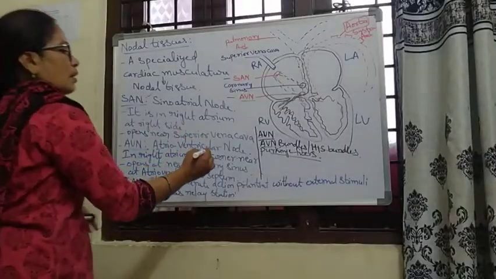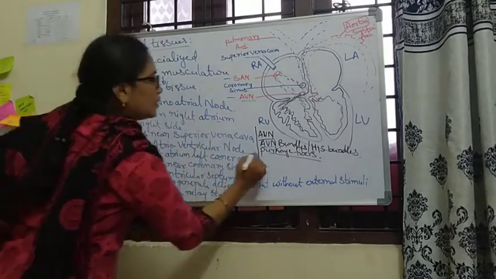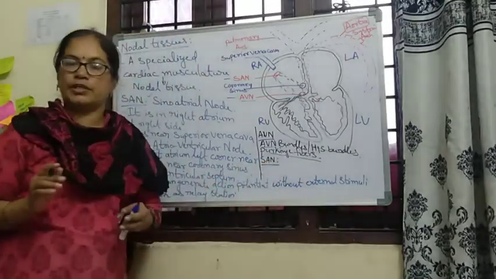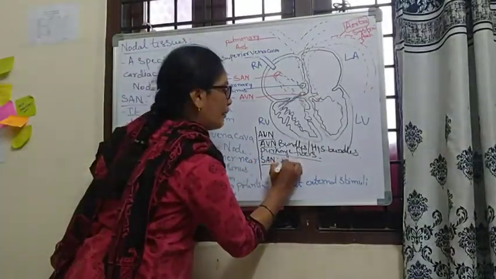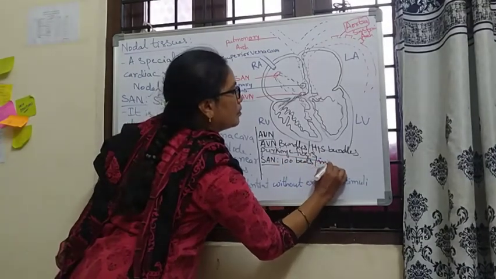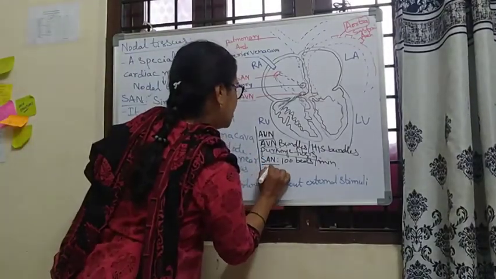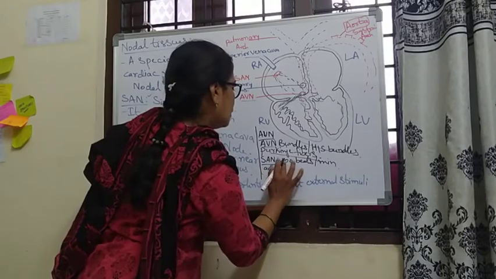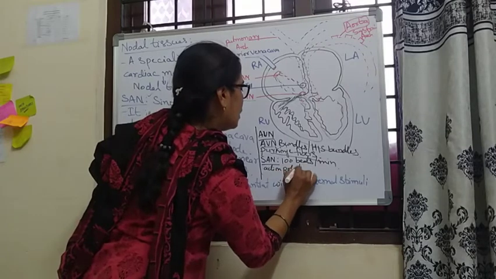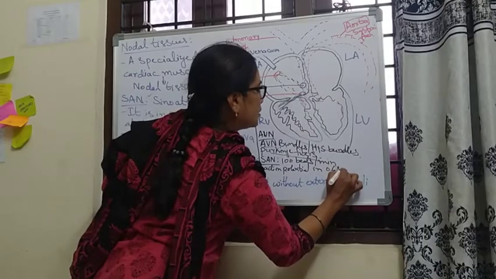Here, the SAN node can generate action potentials at 100 beats per minute, or an action potential in 0.6 seconds.